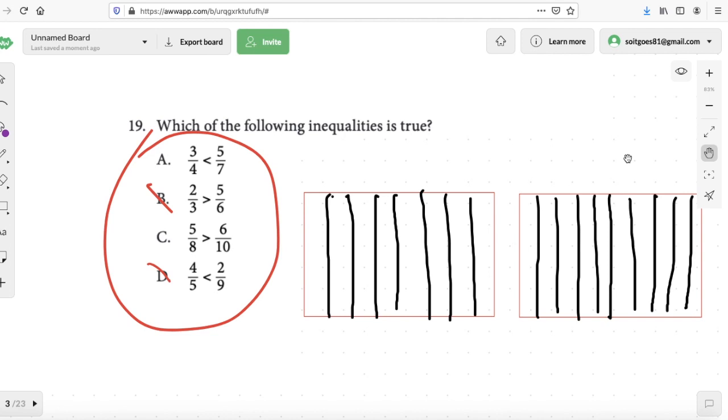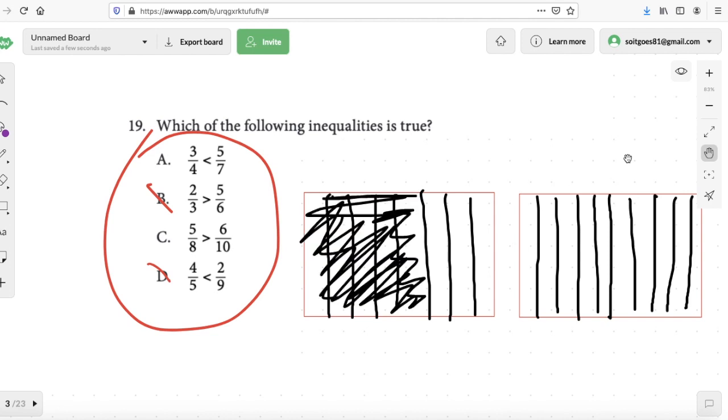Okay, so let's do 5/8 first. That's 5 of them, right here. Does that make sense? And then 6/10. Boy, that's going to be close.